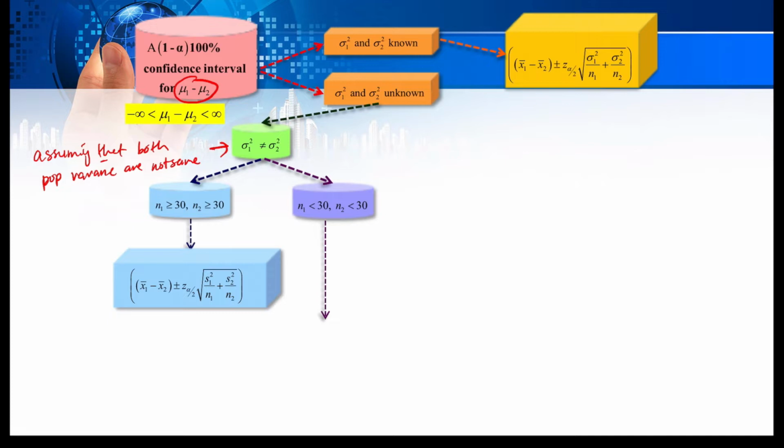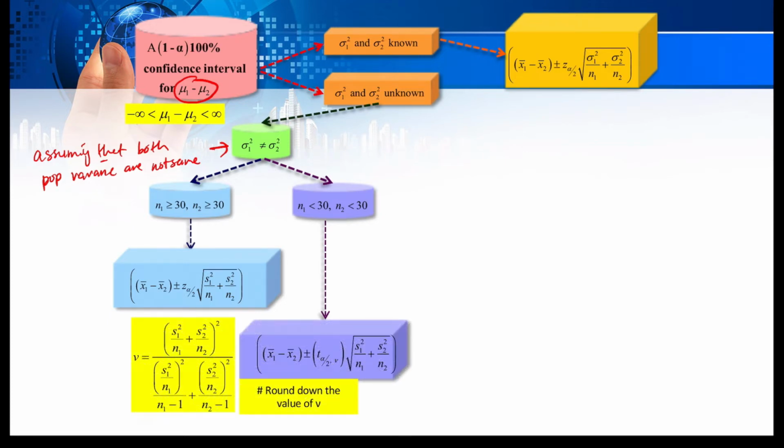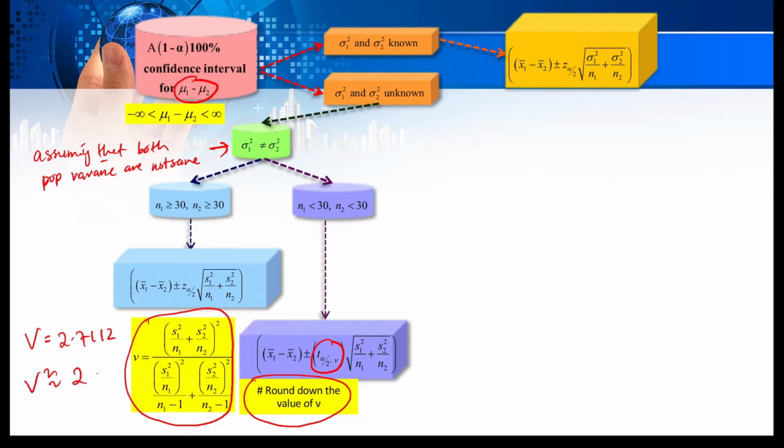If both sample sizes are less than 30, use the third formula, and notice here you have t alpha over 2, nu, where the formula to find nu is here. It's very long, and don't forget to round down the value of nu. For example, if you calculate nu as 2.7112, round it down, so nu equals 2.